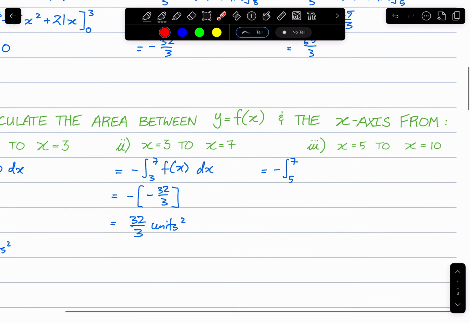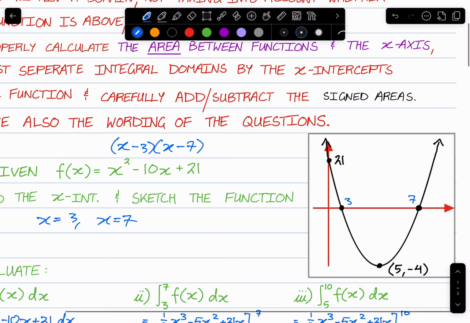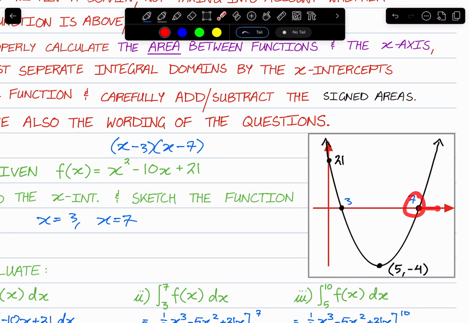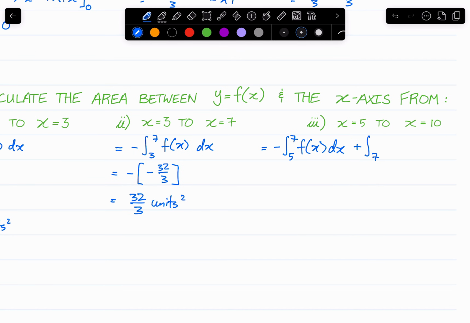Multiplying that by another negative will make it positive. So negative of this dx, plus from 7 till 10 of f of x dx.